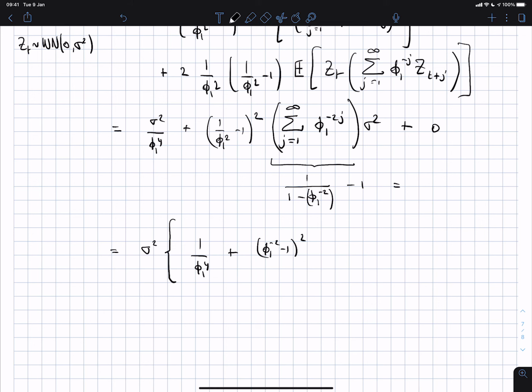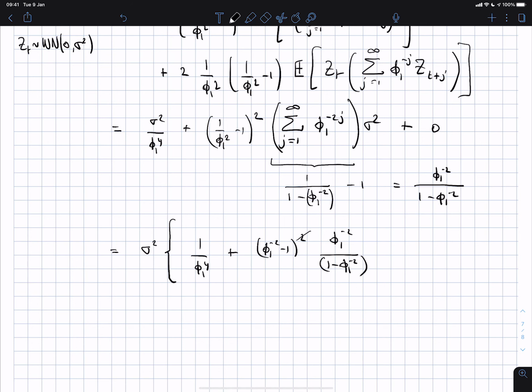This guy here is then equal to 1 minus 1 plus, so it gives me this. I think that's okay. So I have phi 1 to the power minus 2 divided by 1 minus phi 1 to the power minus 2.